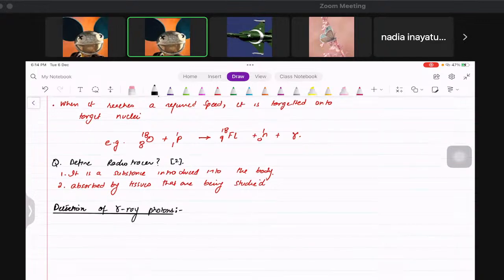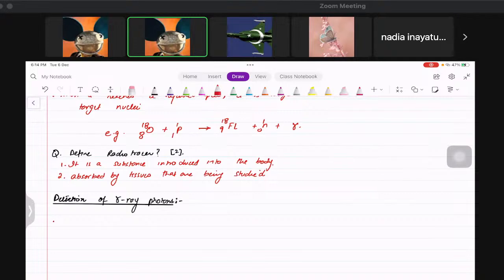So what we do is that we have a series of ring detectors in a donut type shaped bed. So a series of ring detectors in a donut type shaped bed are placed.